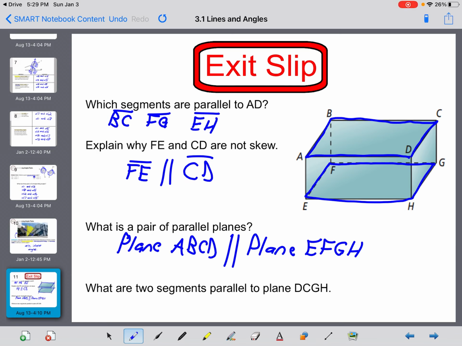And what are 2 segments parallel to plane DCGH? Well, DCGH is here. And what would be parallel to DCGH? Well, we could use AB, and we could use EF.